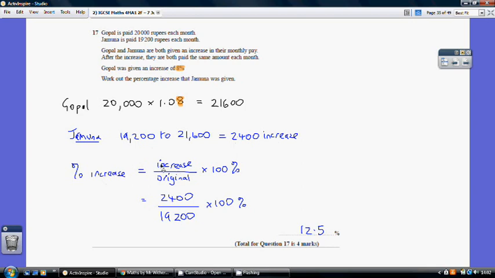We divide the increase by the original amount and times that by 100 to turn it into percent. So for Jamuna, the increase they're getting is 2,400. They originally got 19,200. So using your calculator, 2,400 divided by 19,200, multiply this by 100, we get 12.5%.